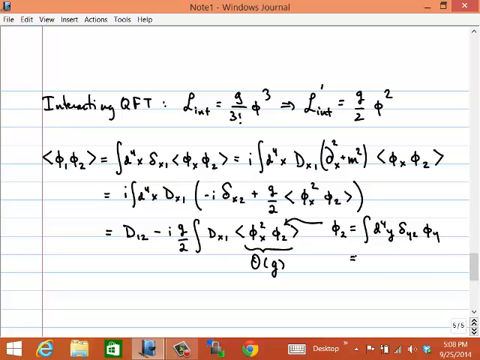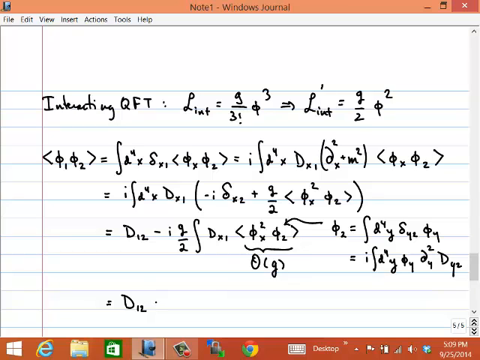And then I'll use the same trick to write this as i times the integral d4y times phi y times the second derivative with respect to y of this propagator, and then I'm going to integrate the y by parts. Okay. And so what you get is that this is equal to d12. Ah, good. That's where my i went.